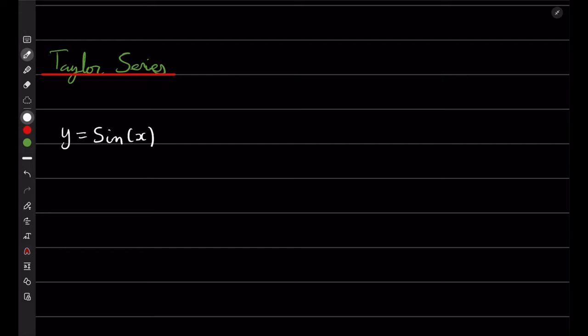I've said that the starting point is what determines the graph, the first thing that determines it. The starting point can be determined by this equation alone. The rate of change has to be determined by the derivative. So you take the derivative of this, and dy/dx is equal to cos x.